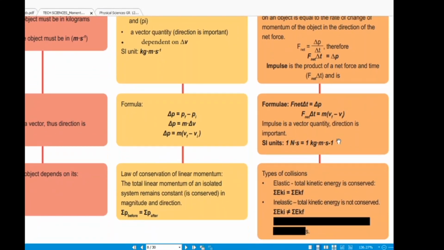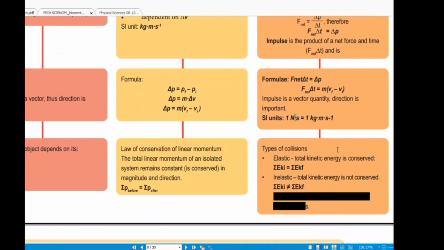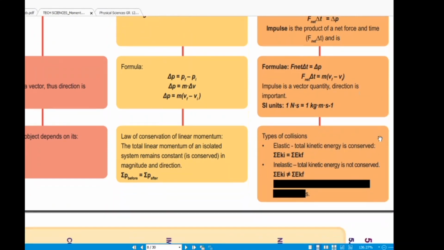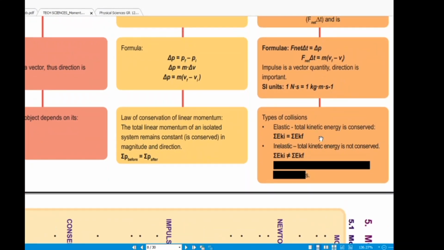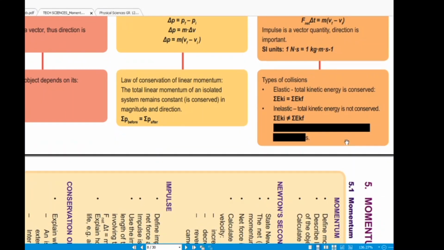Okay, the SI unit for impulse is newton second. And then we looked at elastic and inelastic collisions. We say in an elastic collision, total kinetic energy is conserved, and in an inelastic one, total kinetic energy is not conserved. Okay.